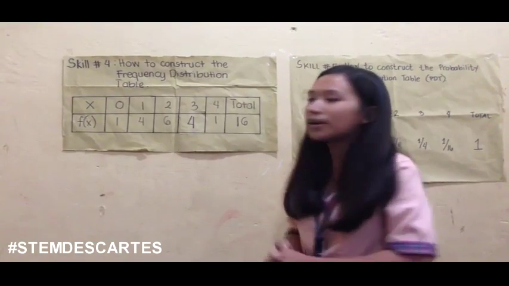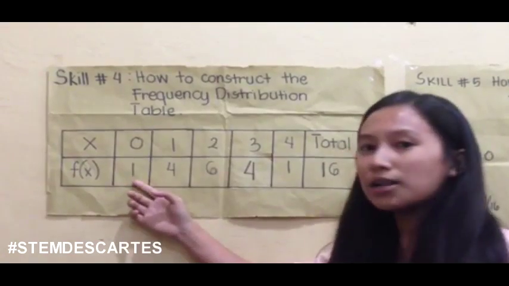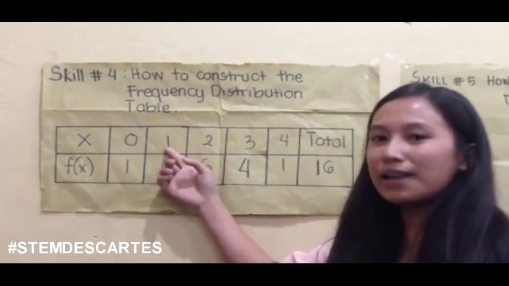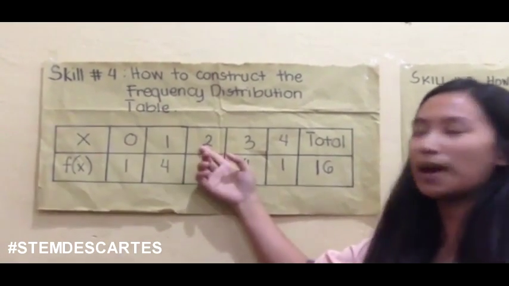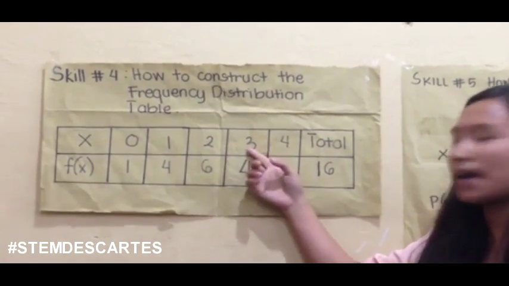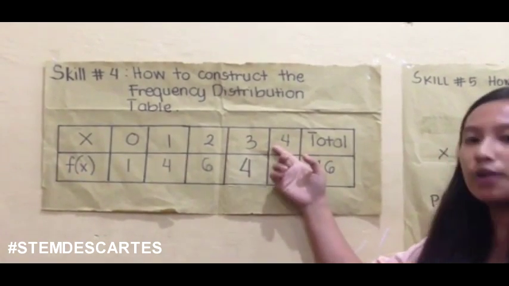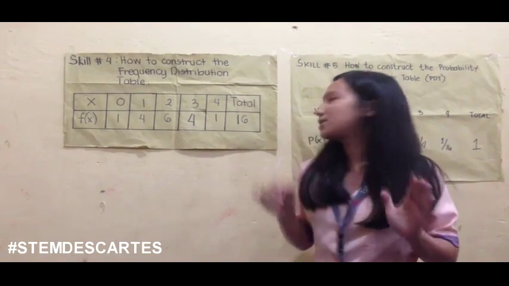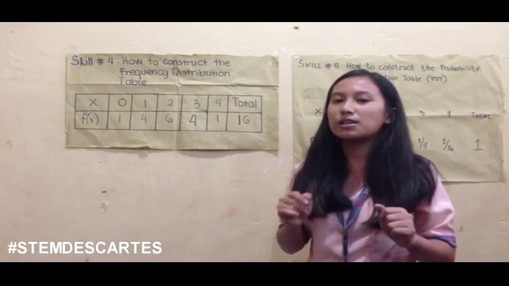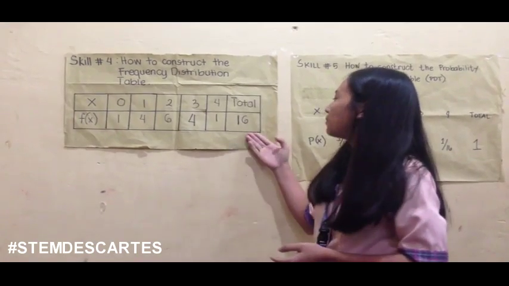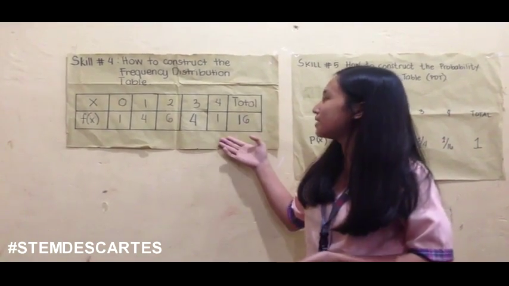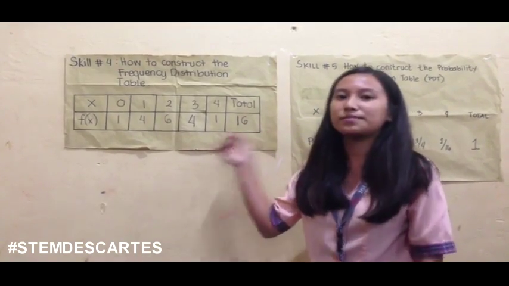From the table of the random variable, there is only one with no heads, 4 with 1 head, 6 with 2 heads, 4 with 3 heads, and 1 with 4 heads. We already know that there are 16 elements inside the sample space, so it is expected that the total of the frequency is also 16.